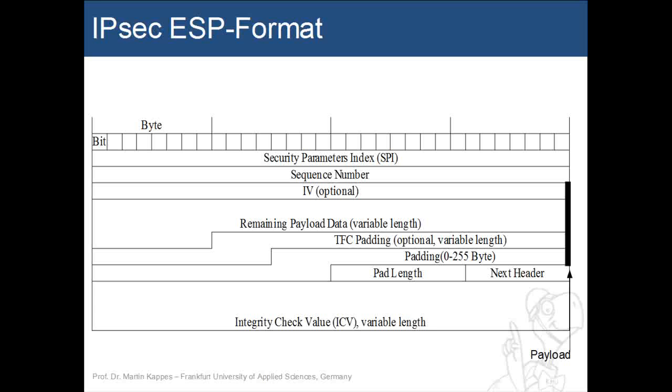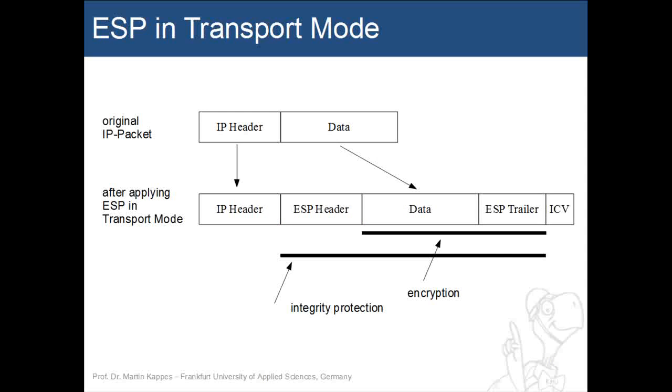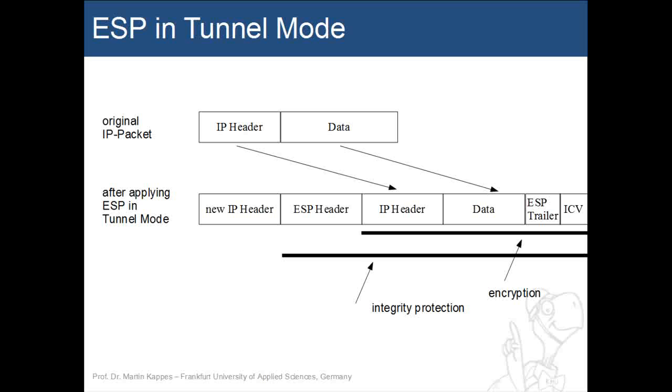TFC stands for traffic flow confidentiality padding, and that allows to basically randomize the size of the packets which are being transmitted. Then there is actual padding, the length of the pad, and a next header field, which of course sometimes is also used. ESP can also be used in transport mode and in tunnel mode. Both are pretty much straightforward. So here you see ESP in transport mode, and here you see ESP in tunnel mode.